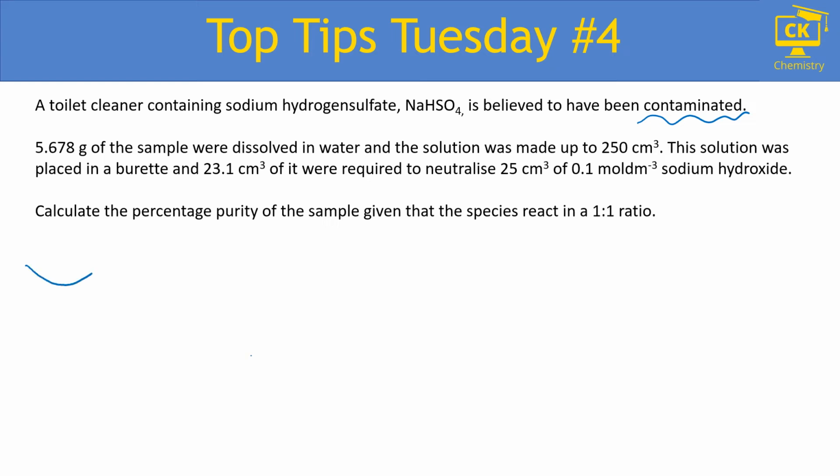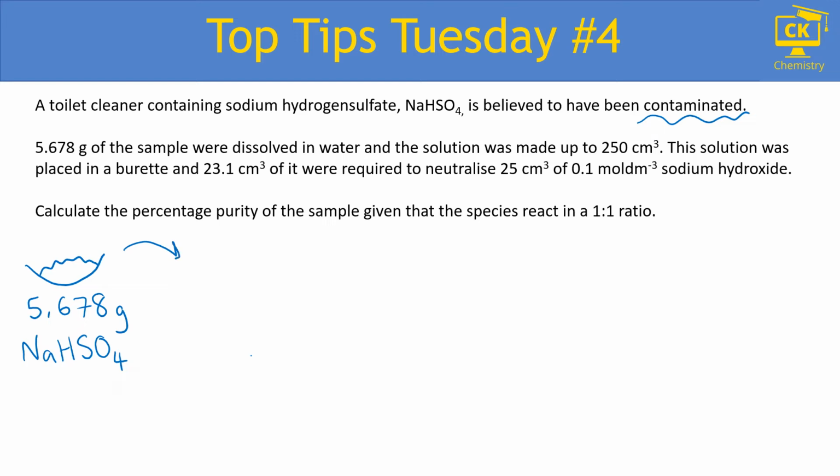So I would again just visualize the fact that I'm starting with a solid, and I also know that the formula of most of the solid is NaHSO4, but I know that it's not all NaHSO4, because if it was, I wouldn't need to do a titration because I've weighed it out, so I'd know how many moles I had.